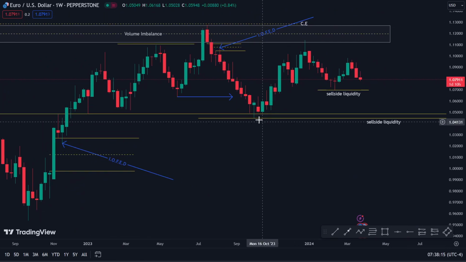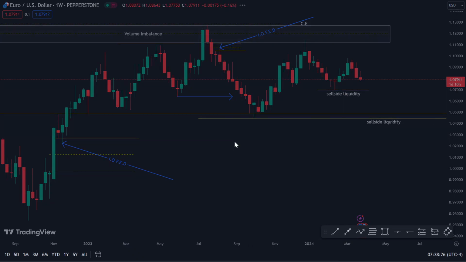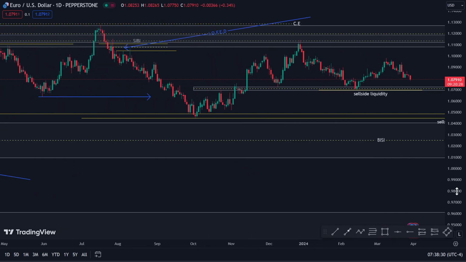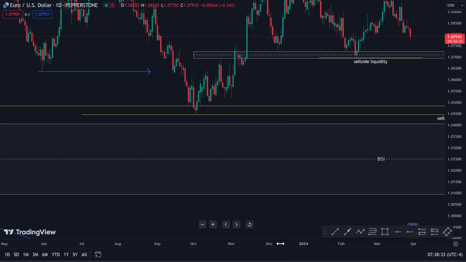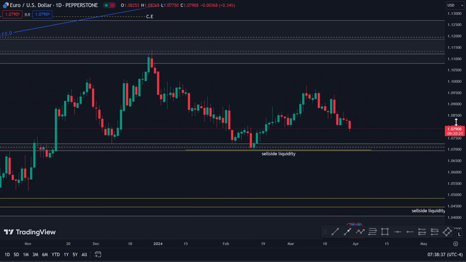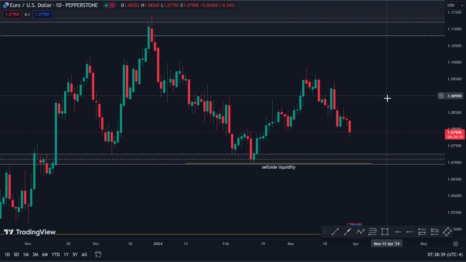So this is our sell side from the monthly perspective, and this is our sell side in the weekly, and let's hop into our daily time frame. The chart is a bit messy, but you have to bear with me. This is our daily time frame.